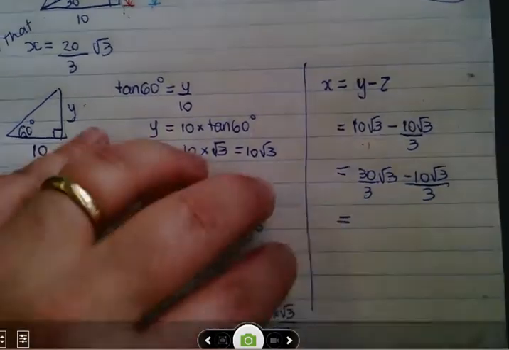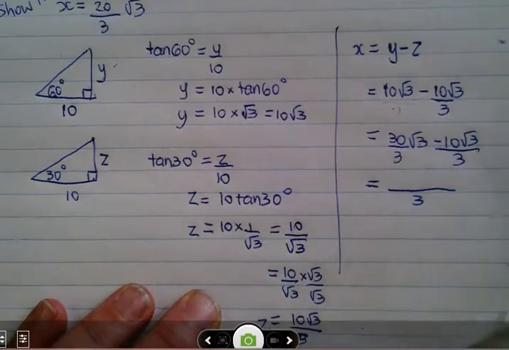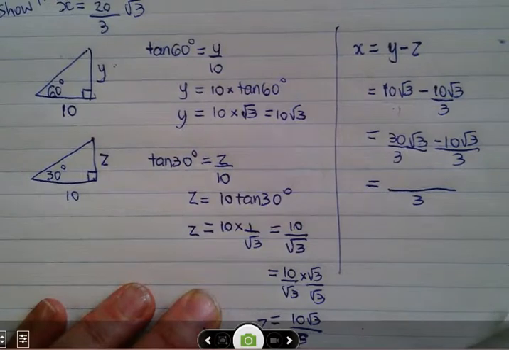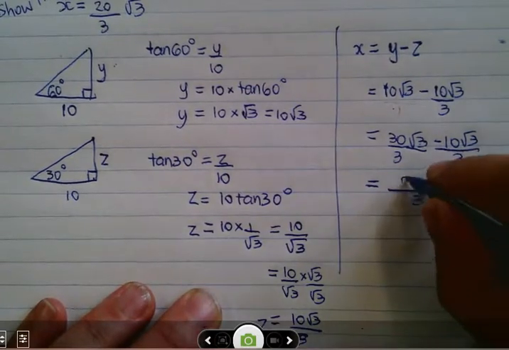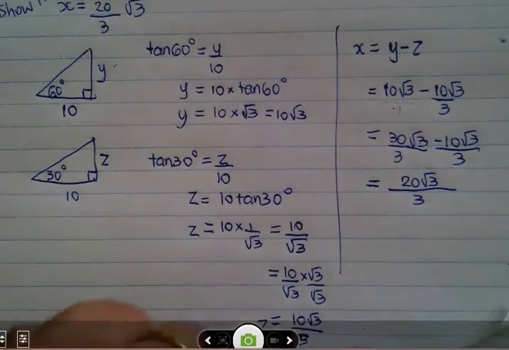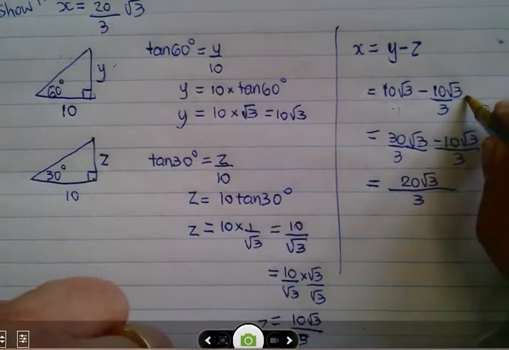This is one way. Otherwise, girls, you can just get your calc out. Isn't that one denominator? 30 lots of root 3 minus 10 lots of root 3 are 20 lots of root 3. Now, if you didn't do it that way, you would just go like this on your calculator. You'd say, yep, like terms, because they're both root 3s.